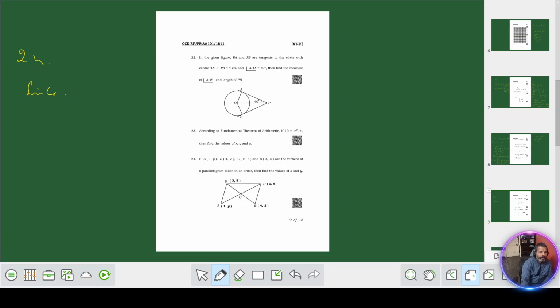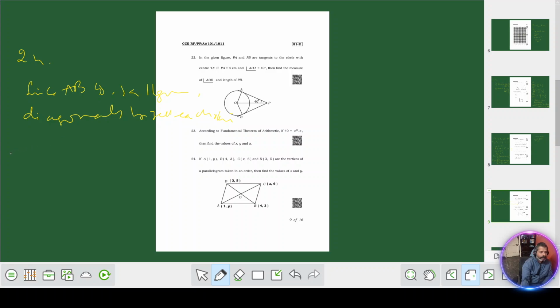Since ABCD is a parallelogram, diagonals bisect each other. Okay. What do you mean by diagonals bisect each other? It means the midpoint of both the diagonals is the same.